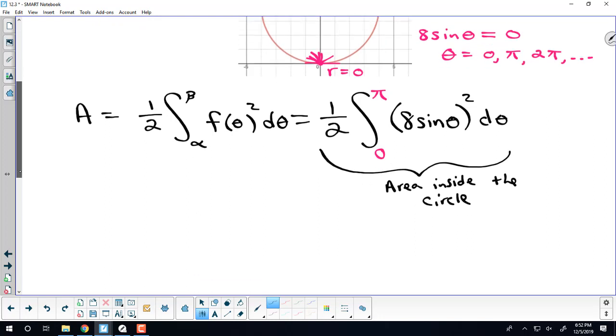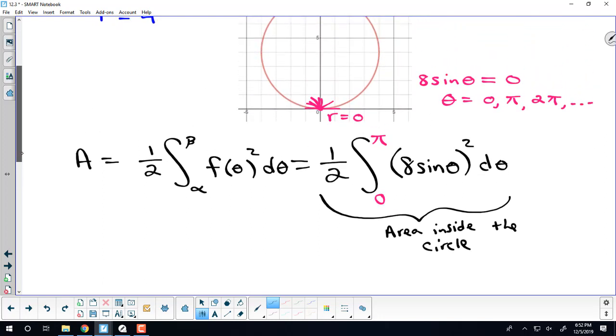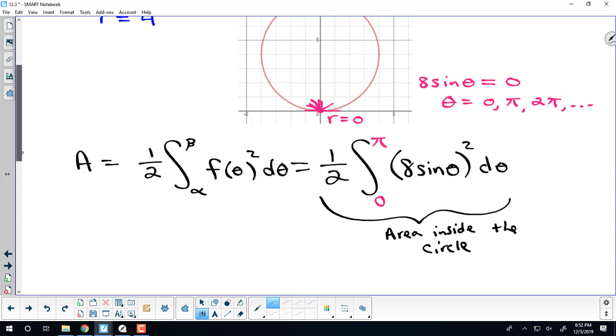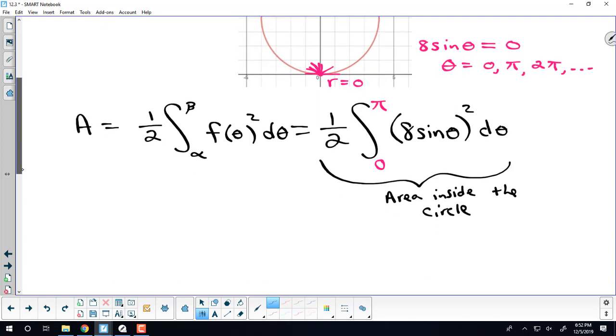And we could integrate that, or we could say that we take half that region from 0 to pi over 2, and then we can double everything.